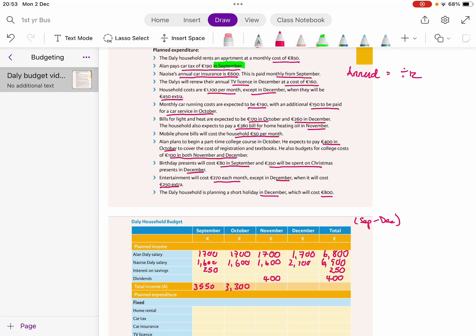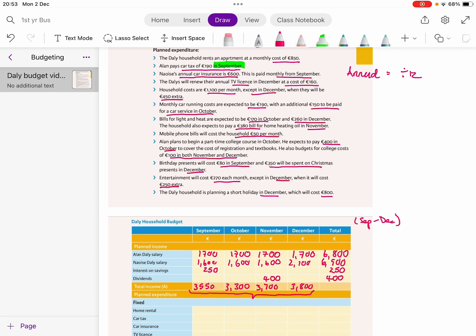In November, I have a figure of 3,700, and then in December, I have a figure of 3,800. So what I'm going to do at this point is I'm going to add these across, these four figures at the bottom.